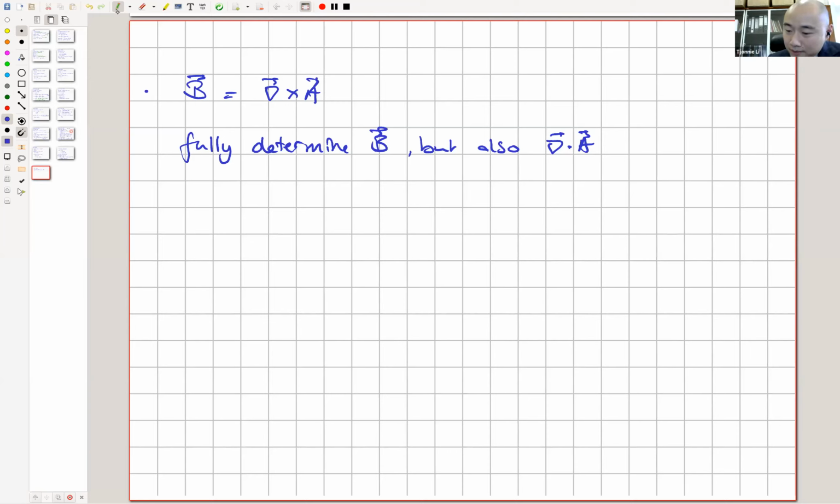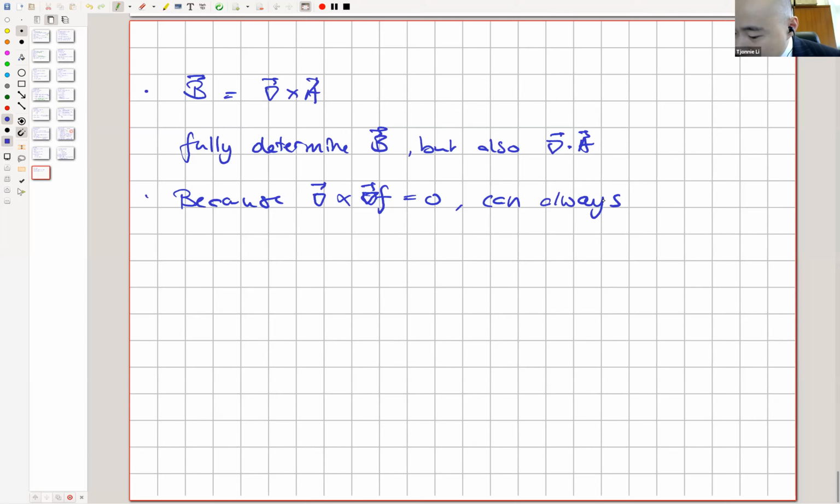Now, another way to consider this is that even though if I know A, I can calculate B, I can always add a gradient to A without changing B, because the curl of a gradient of some function f equals 0.